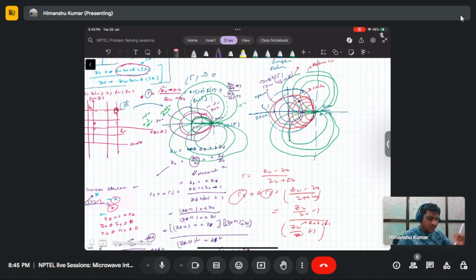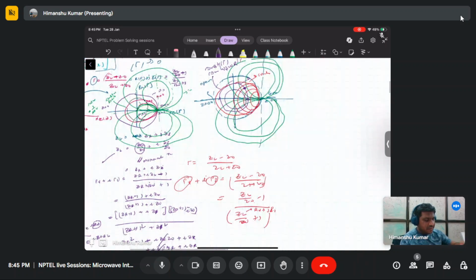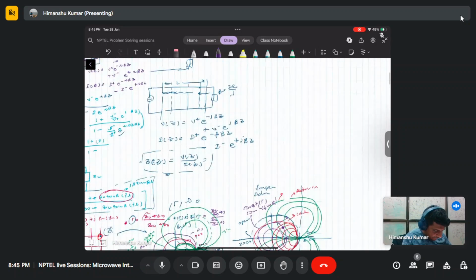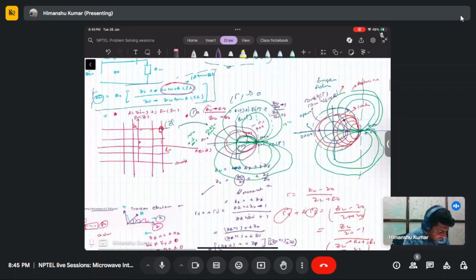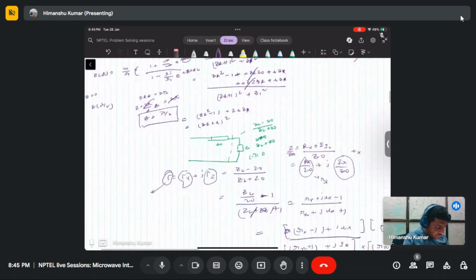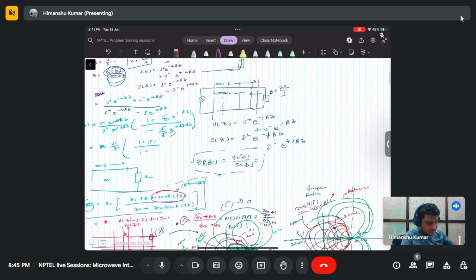Okay, so any complex reflection coefficient you can represent like this. Let me go back to the previous class. Let's say this is your generalized load impedance.